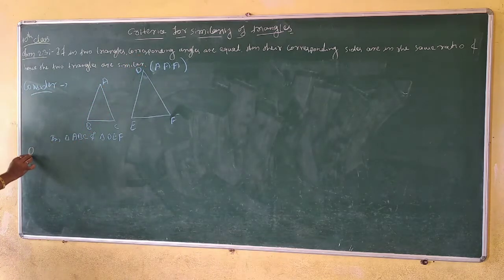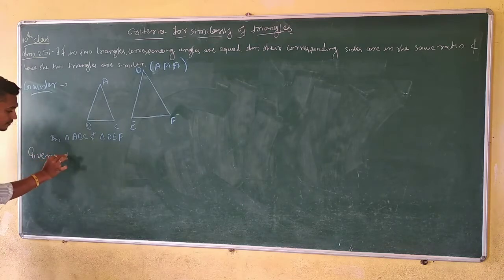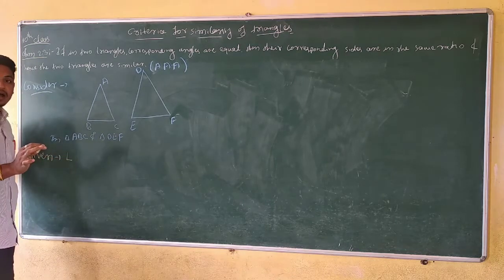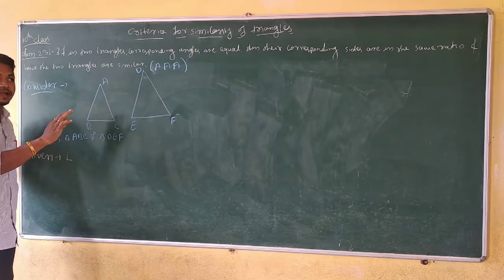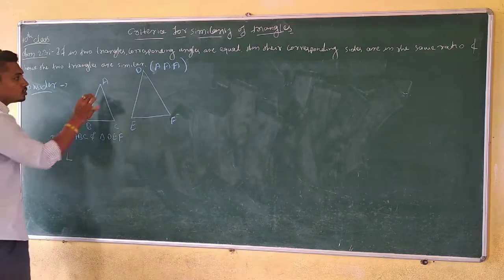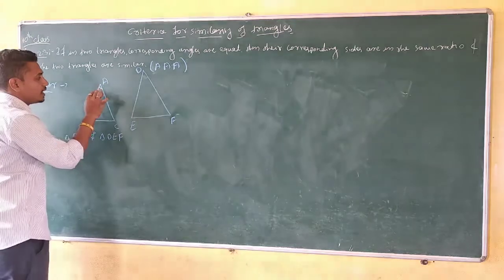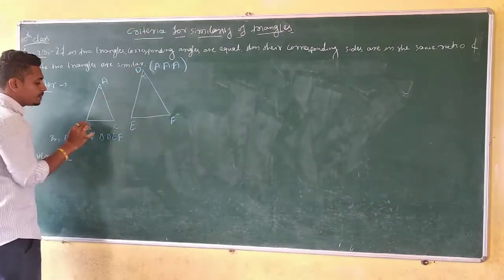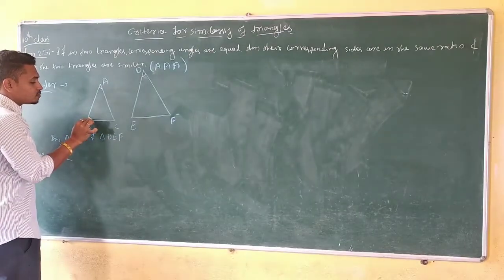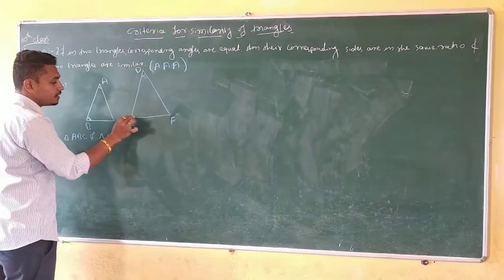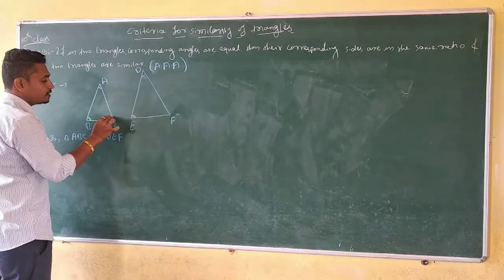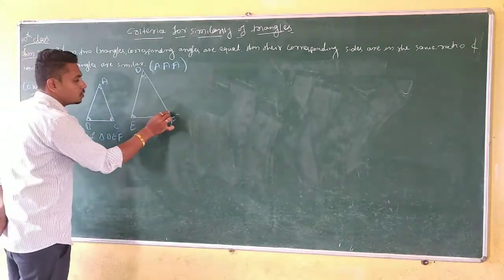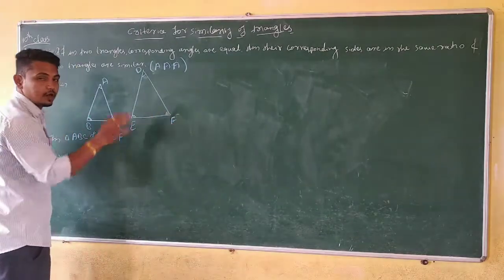So I have to write here the given data. The corresponding three angles are equal. Angle A corresponds to angle D, angle B corresponds to angle E, and angle C corresponds to angle F. They are already given.